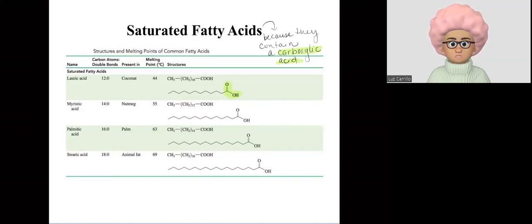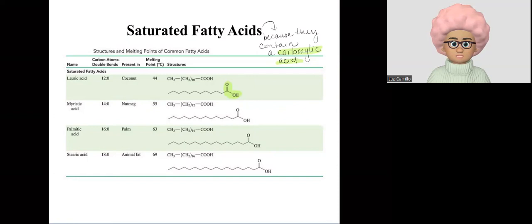Now, in this table, we have the name of some common saturated fatty acids, which include lauric acid, which you can see is present in coconut oil, myristic acid, which has 14 carbons in length and is found in nutmeg. We have palmitic acid, which is present in palm oil, and it has 16 carbons.